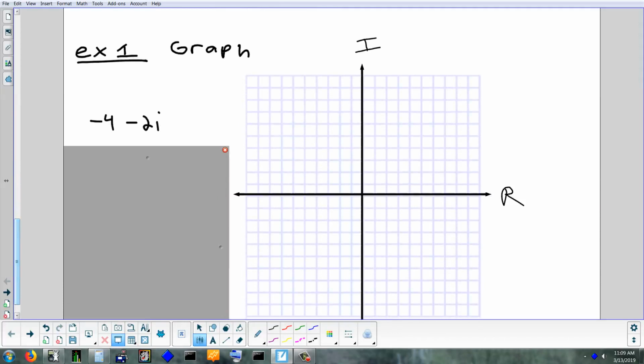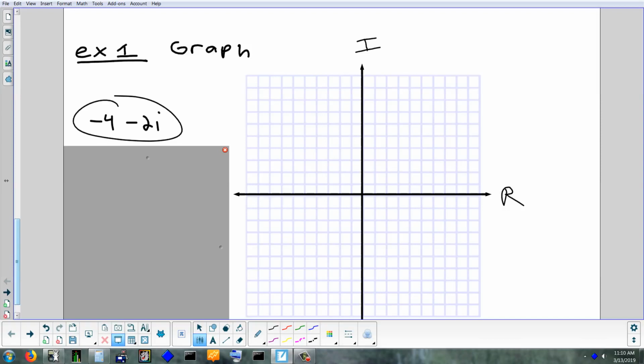That's your imaginary. In the complex number that I just circled, what's the real part? Negative 4. And what's the imaginary part? Just negative 2. So the real part is negative 4. The imaginary part is negative 2.